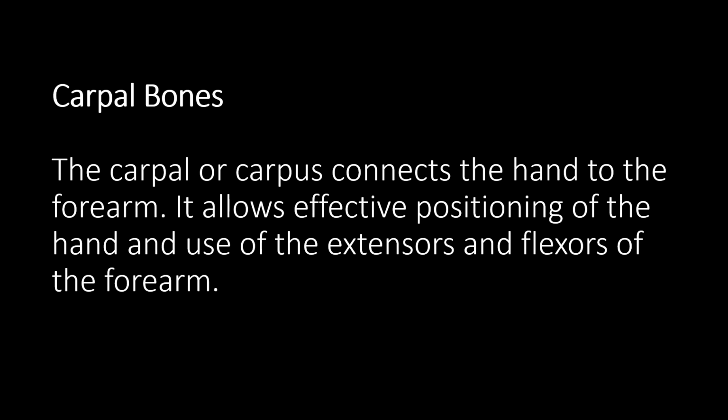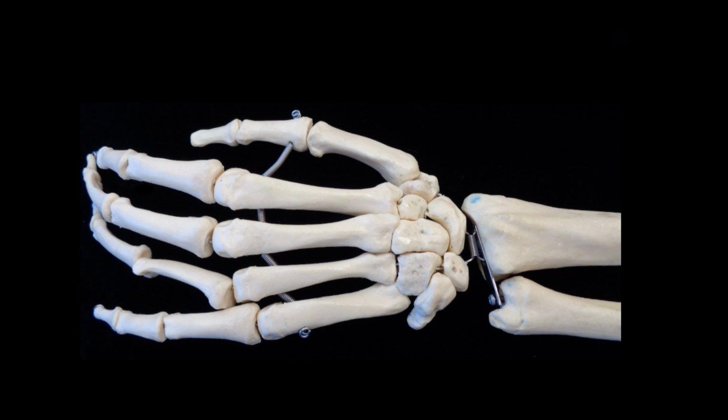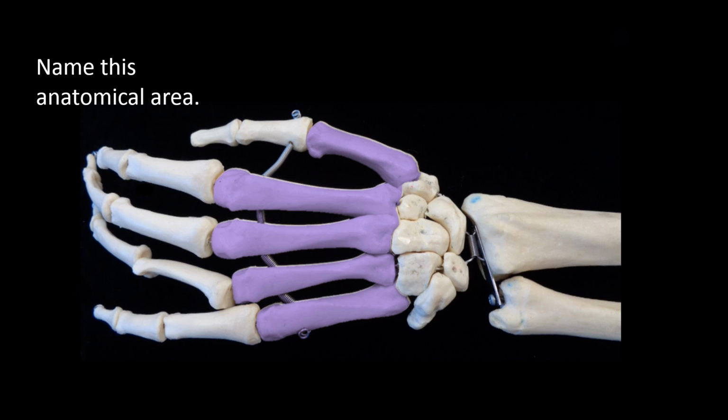Carpal bones. The carpus connects the hand to the forearm. It allows effective positioning of the hand, and use of the extensors and flexors of the forearm. Name this anatomical area.